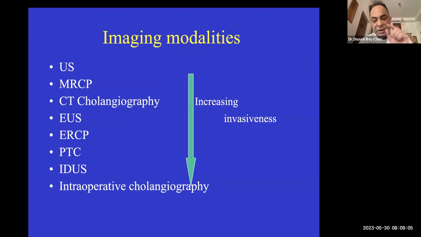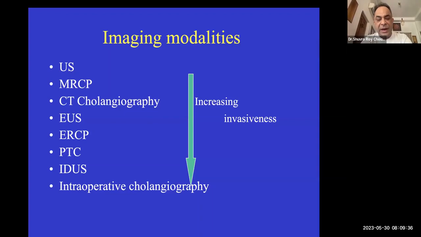Unfortunately, the contrast agent that we used is called biliscopin, which used to be actively excreted by the liver into the biliary tree to delineate it. For some reason, it went out of fashion and is not produced anymore. So CT cholangiography is not done anymore, but it used to be a superb test.